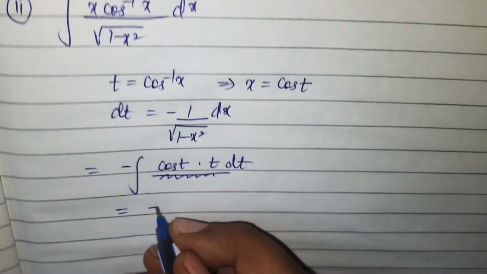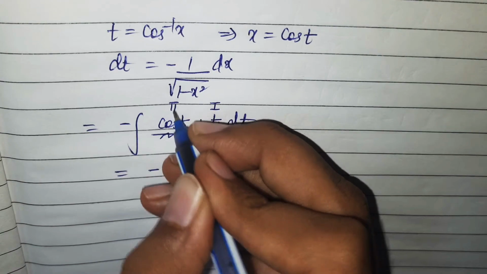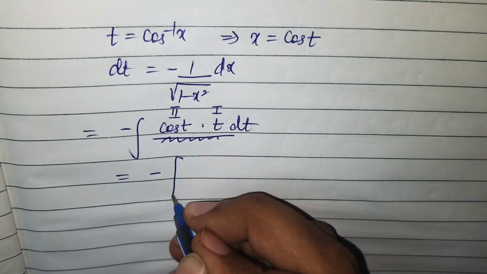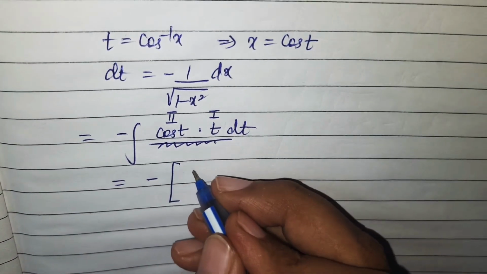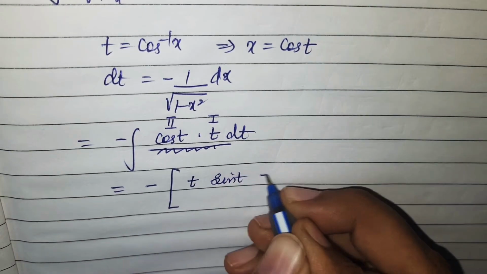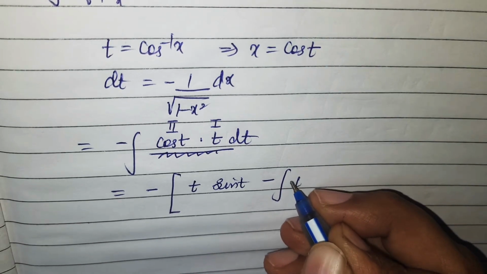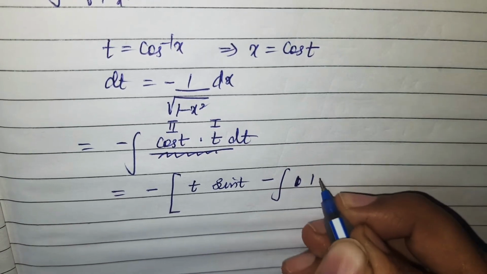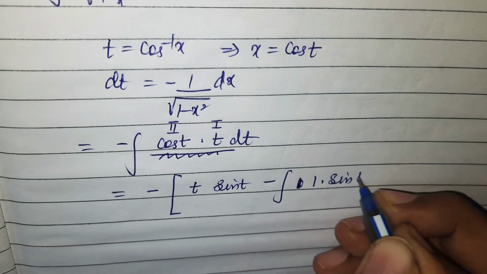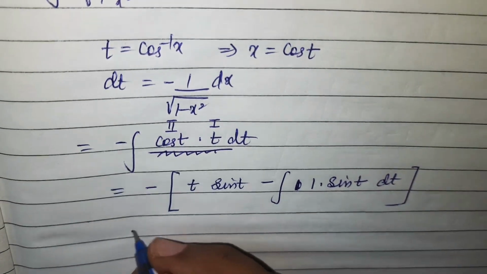So if I want to apply by parts, this is the first function, this is the second function. Now the minus sign will be here. First function same, integration of second function, minus differentiation of first function, which is 1, into sin t dt. So what you are getting?